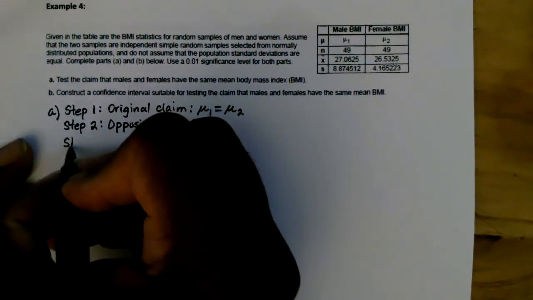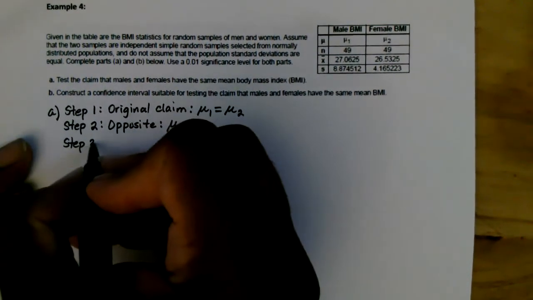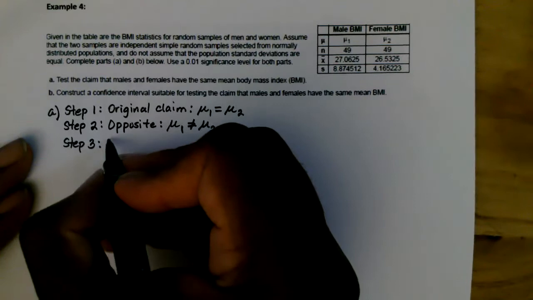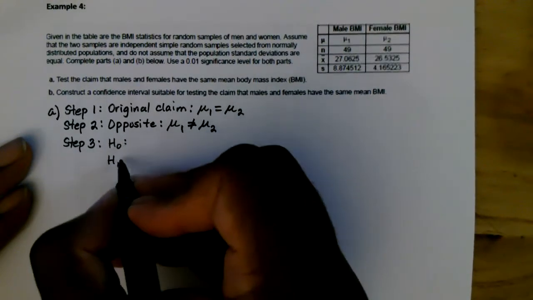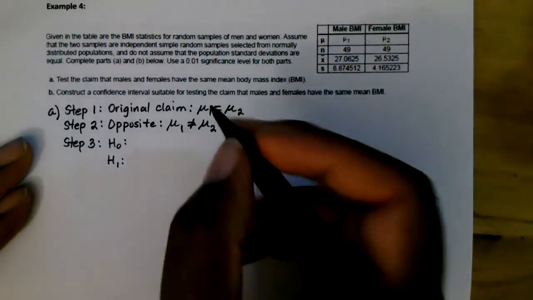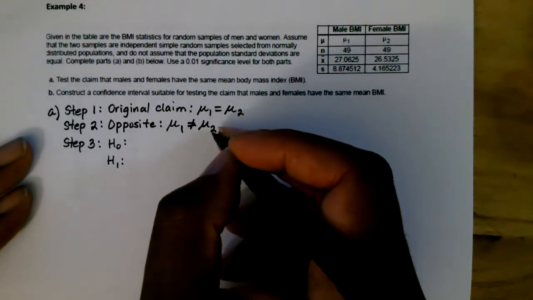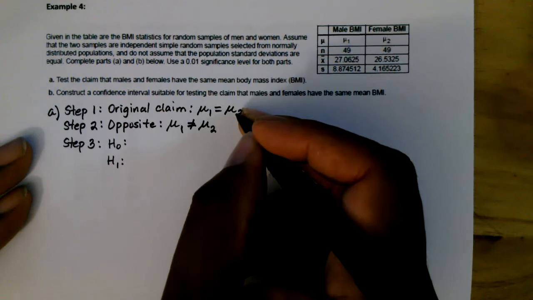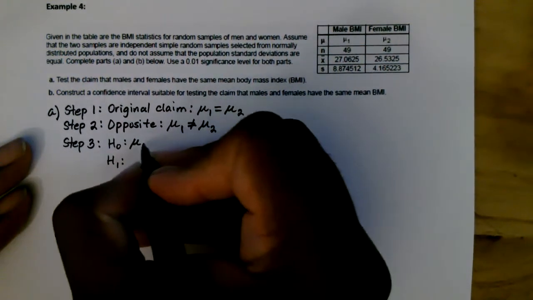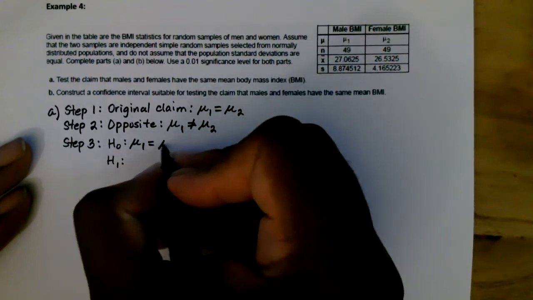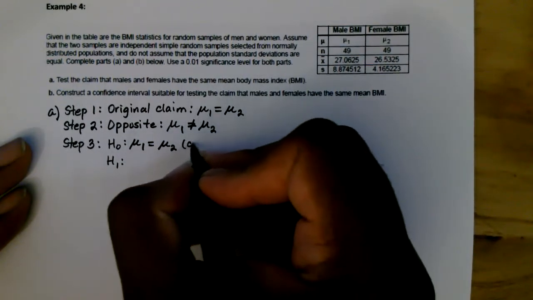And then step number 3 is writing our null and alternative hypotheses. Well, one of them will be the null, the other one has to be the alternative. The original claim has the equal to, so that will be your null hypothesis, because the null always has the equal to in it. So this is the claim.